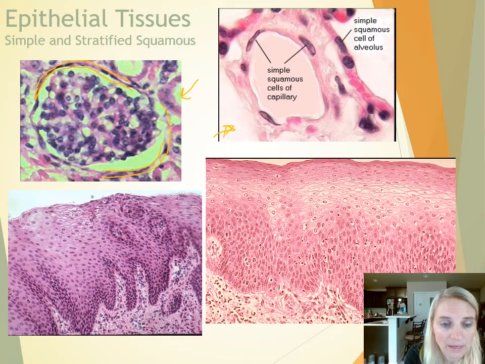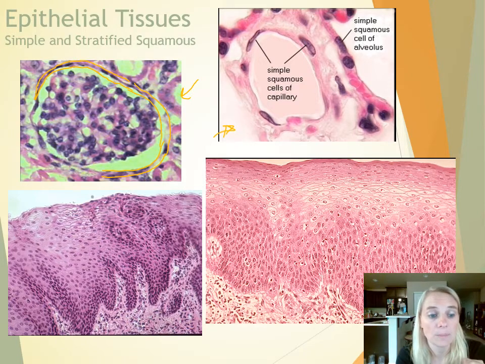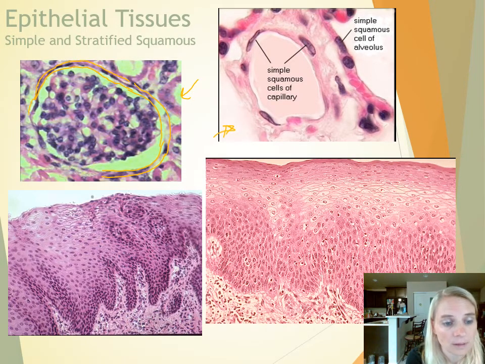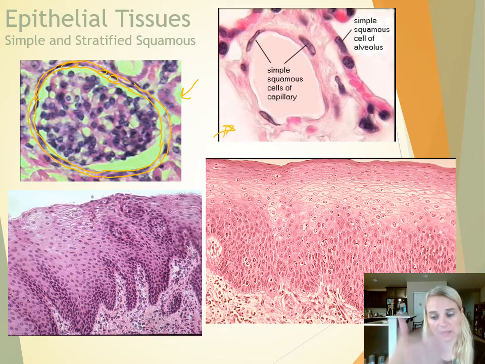It's the lining of this structure in the kidney called the glomerulus. All right, so here's basement membrane. Here's free edge. And you can kind of see some nuclei, right? So there's a nucleus. There's a few nuclei that got caught in that slice. So that would be an example of simple squamous.